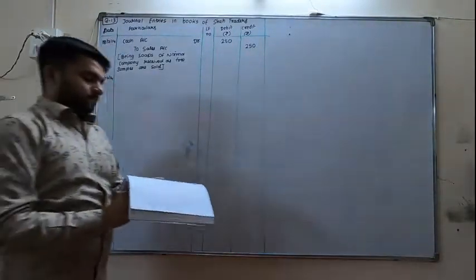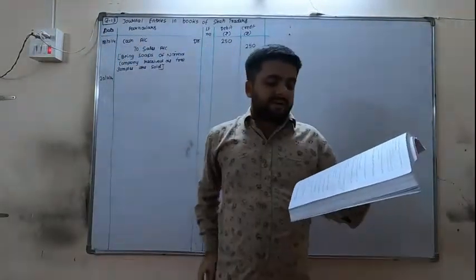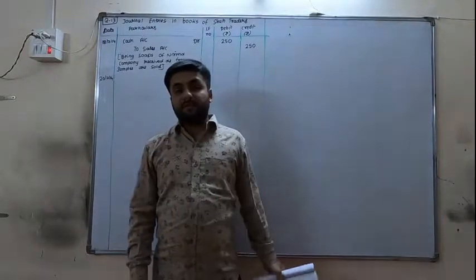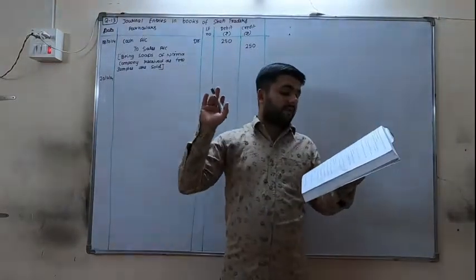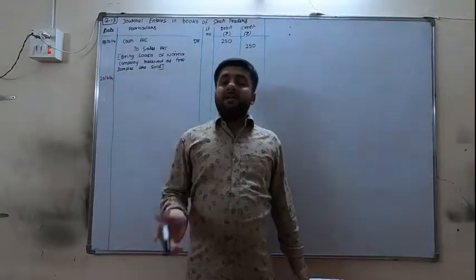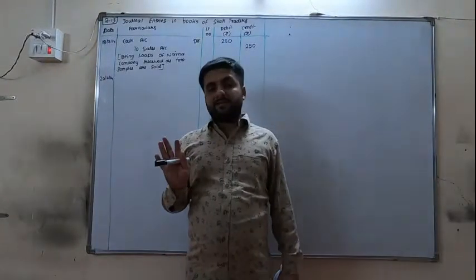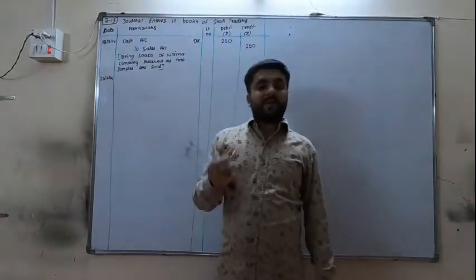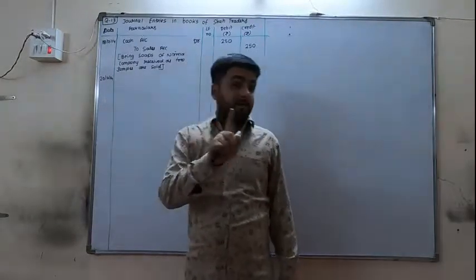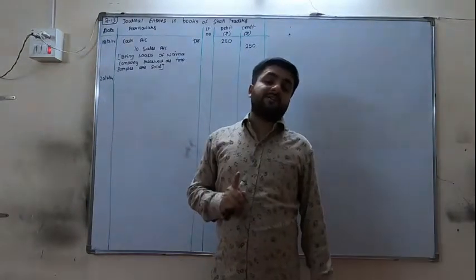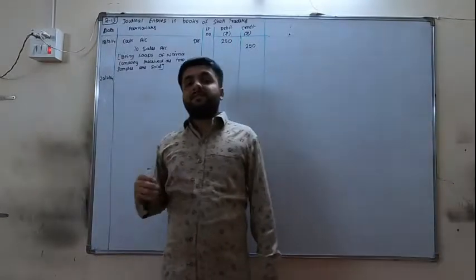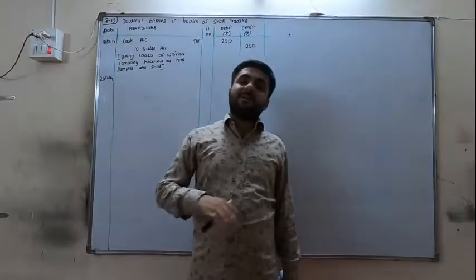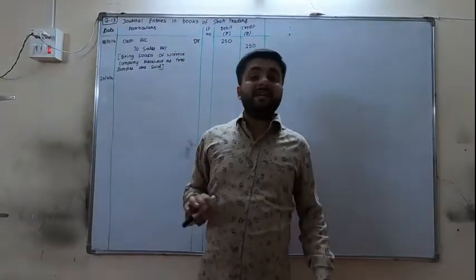Next date is 20/7/40. Received 100 from Rajshri for bad debts written off. We have written off bad debts of Rajshri on 13th date. Now we are receiving from that bad debts. So we are recovering the bad debts. So cash is received and bad debts are recovered, but not in the name of Rajshri. This is according to the rules. Whenever we are receiving past bad debts, cash will be debited and bad debts recovered will be credited.